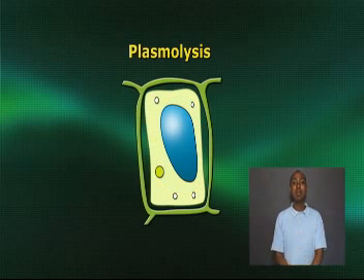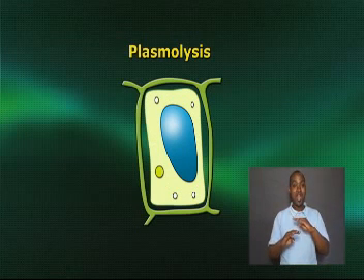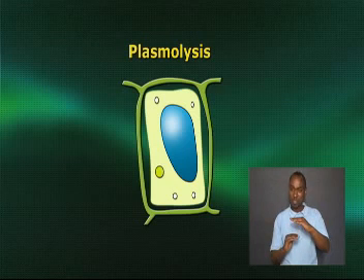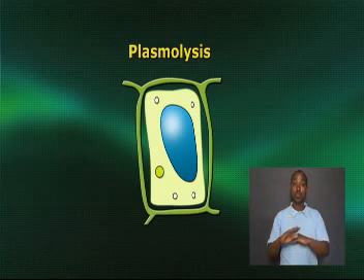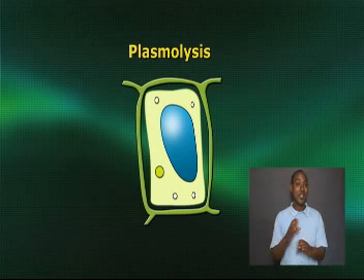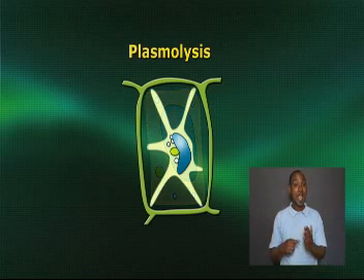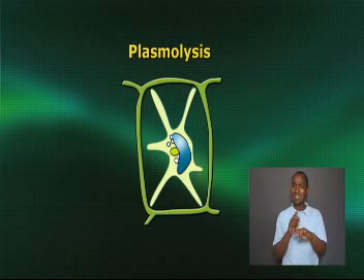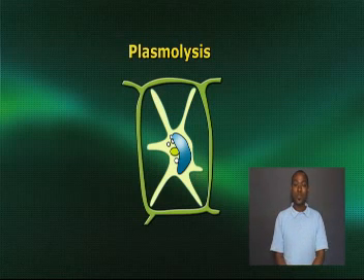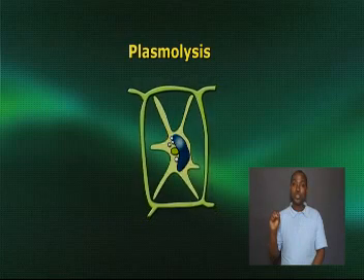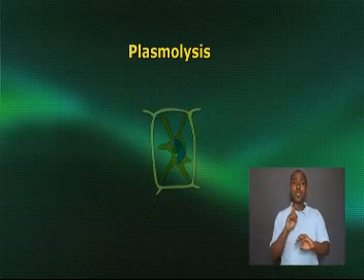Plants are able to slow down their chemical processes during plasmolysis. By doing so, the plant is able to survive until water is available. However, this only works for a short time. If osmosis does not occur quickly, the plant will inevitably die.